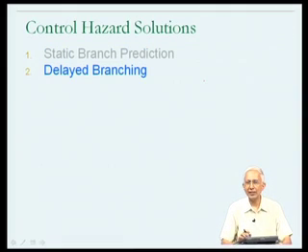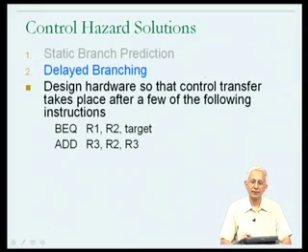Now, an additional idea which is often talked about in connection with control hazards is the idea of something called delayed branching. The idea of delayed branching is that you actually design the hardware so that the control transfer takes place maybe after a few of the following instructions.